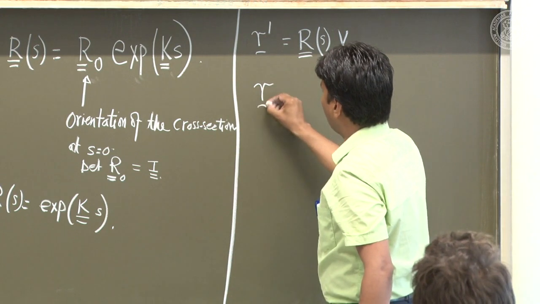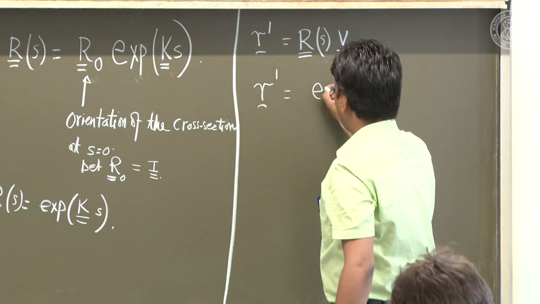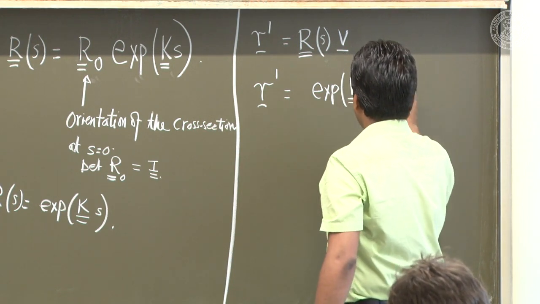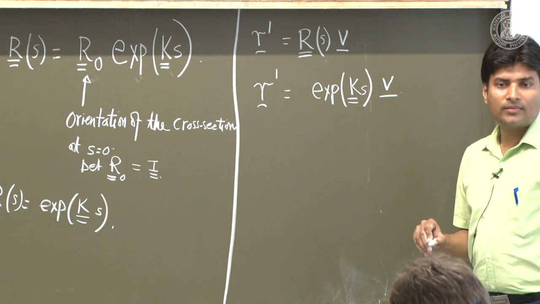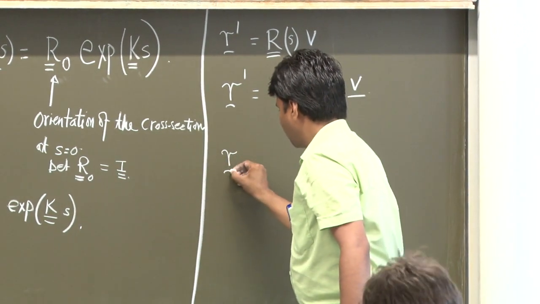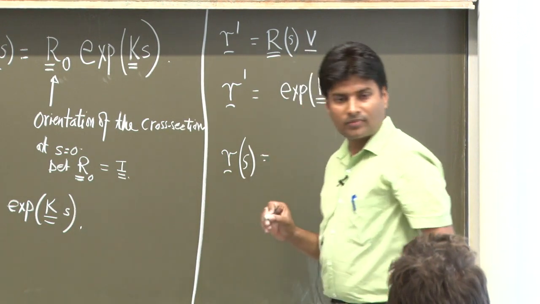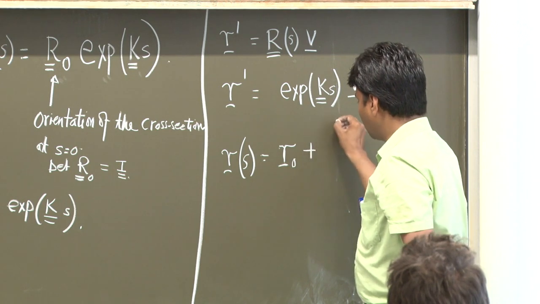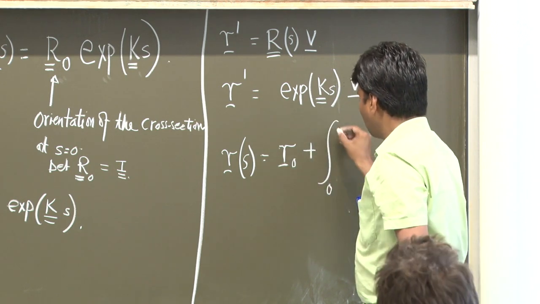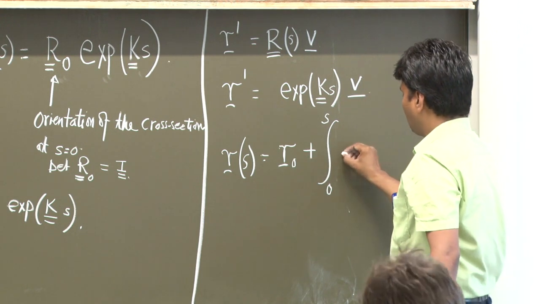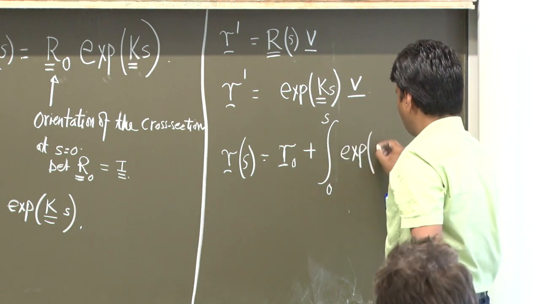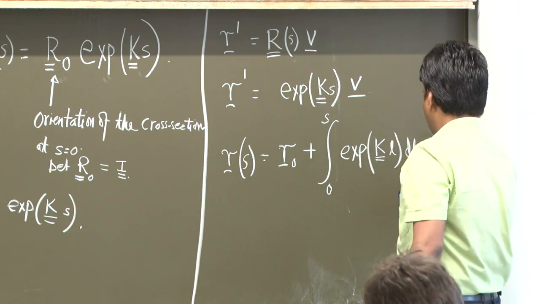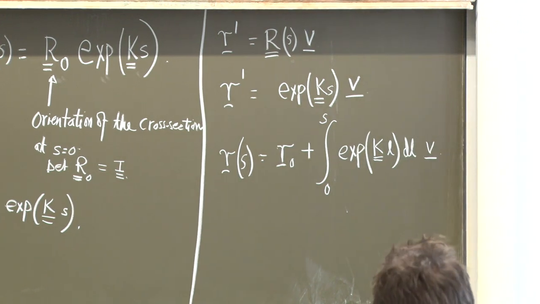So, that is your little r prime is equal to exponential of K s times V. So, what is your little r then? Some constant little r naught plus integration from 0 to s of exponential of K L d L times V, isn't it?